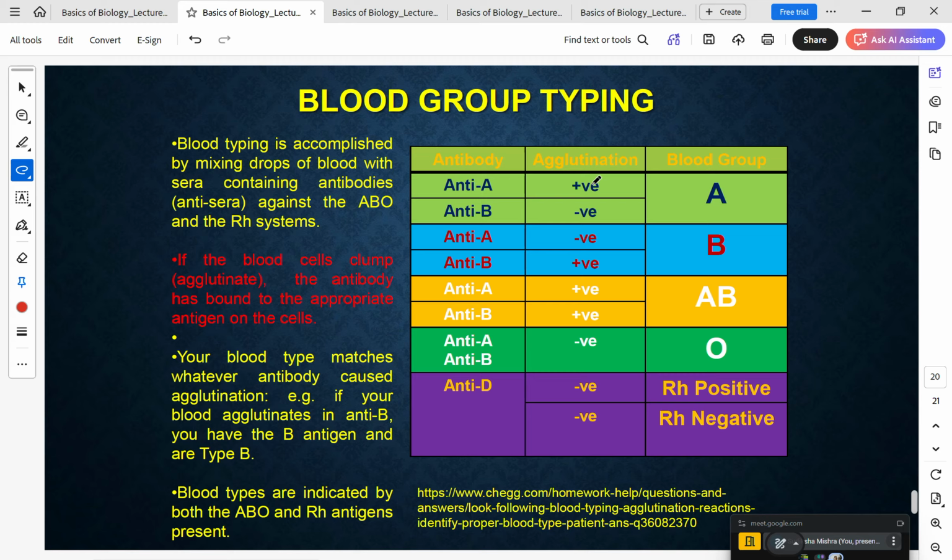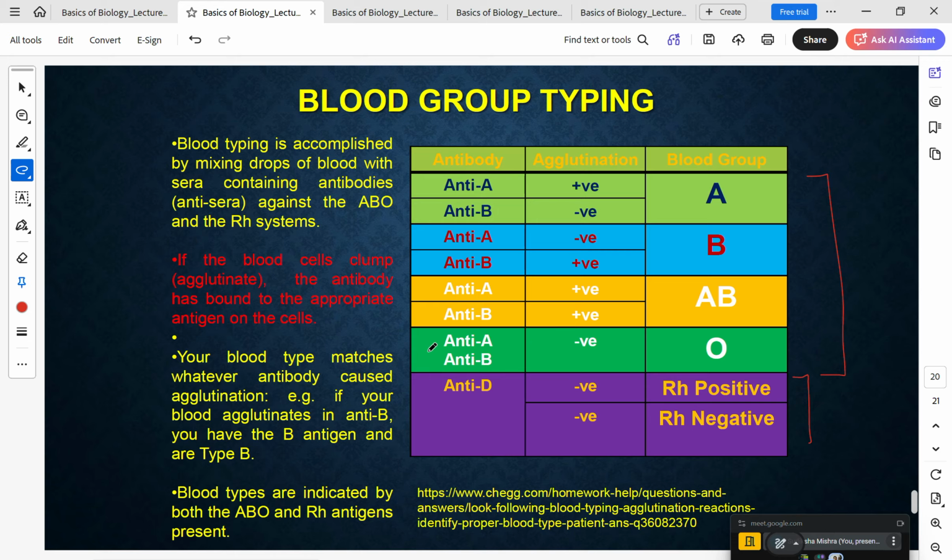In general, humans have four blood groups: A, B, AB, or O. It can be Rh positive or Rh negative. So we essentially have 8 possible combinations.